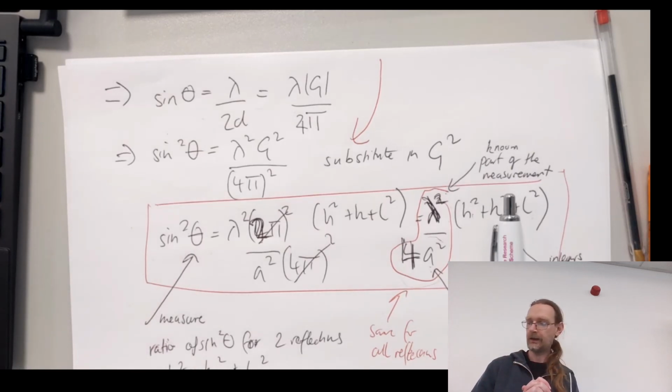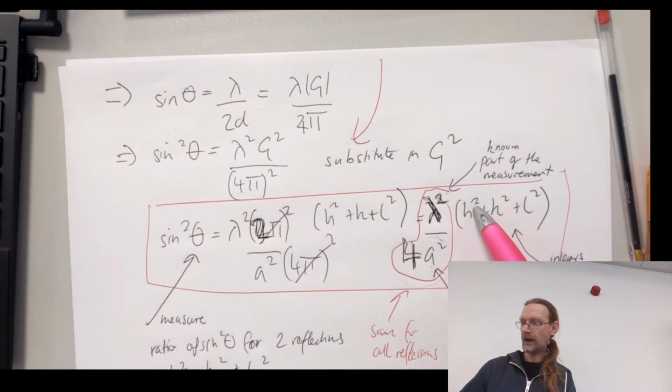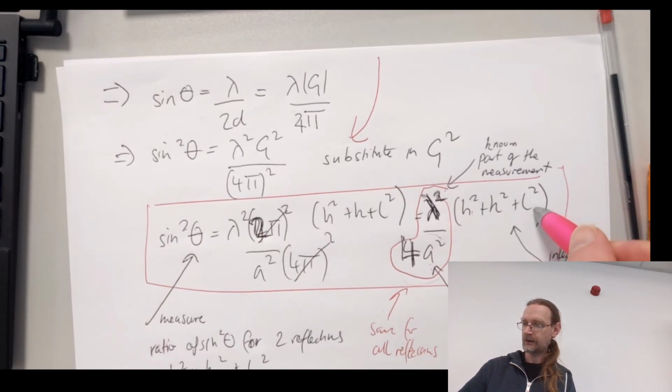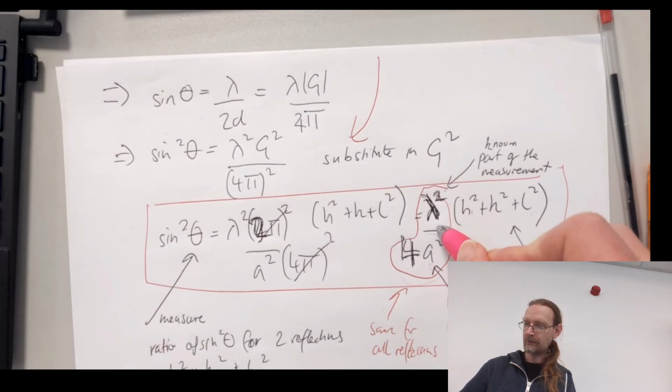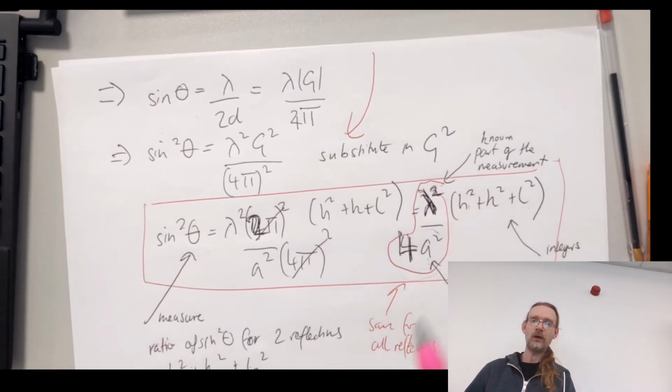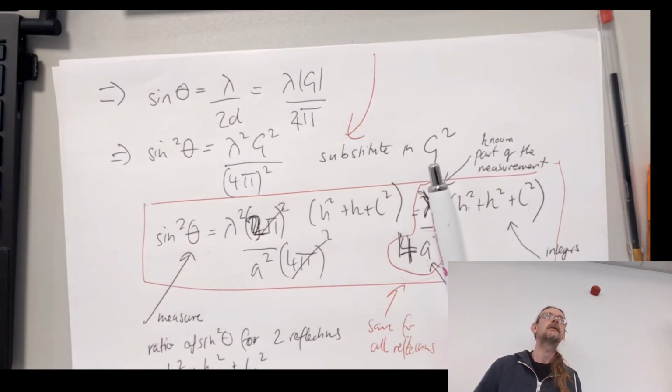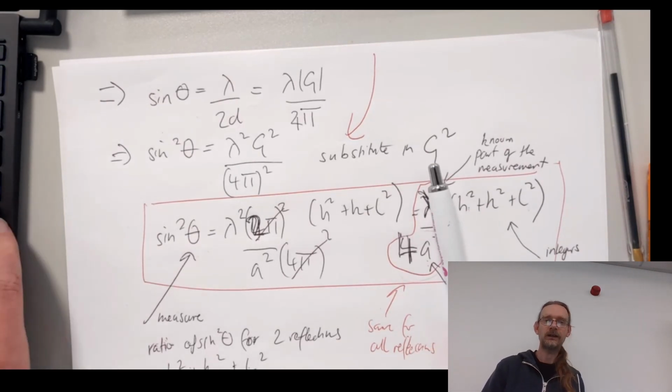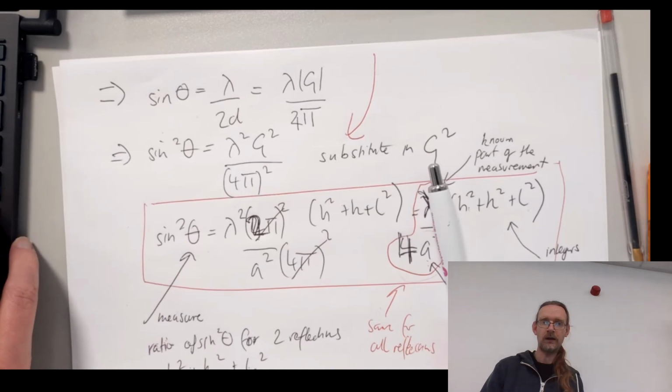We've got the sine squared theta value for each line, and we've just worked out what h squared plus k squared plus l squared should be. We know lambda, we know 4, so we can work out what a should be by plugging back in for that line. And we should get the same value for each one.